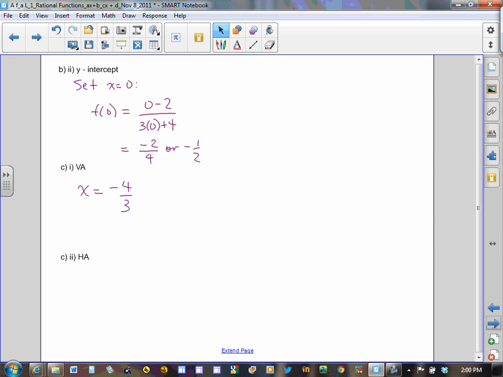And last but not least, we have the horizontal asymptote.